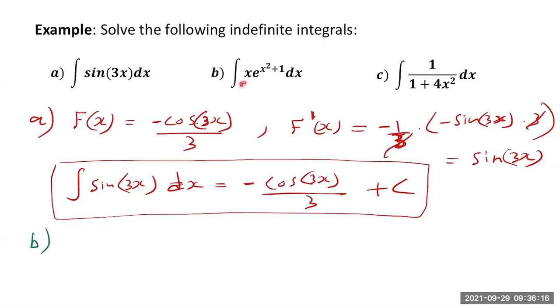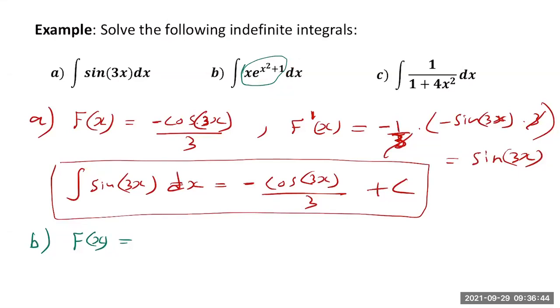In the next part, we need the indefinite integral of x times e to the power x squared plus 1. How do you find the indefinite integral? Well, again, the idea is the same. You need to find a function uppercase F of x so that the derivative of F of x is this function. Can you find a function whose derivative is this function?